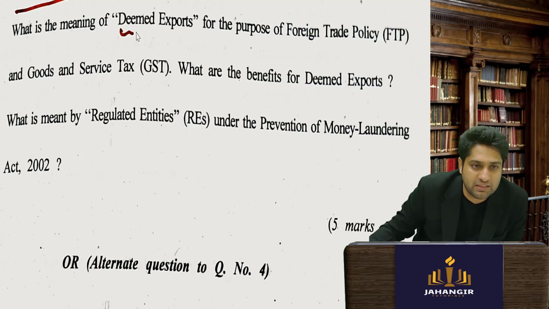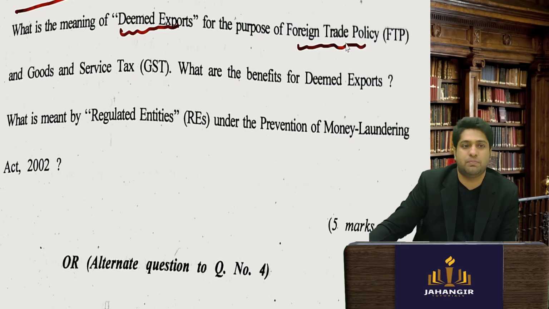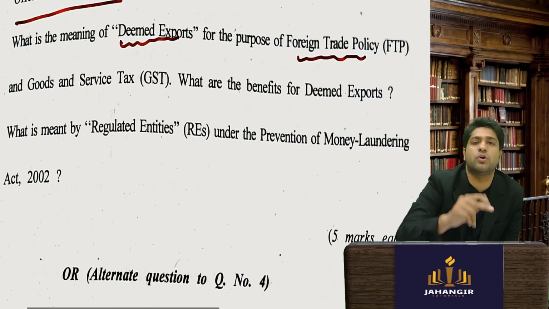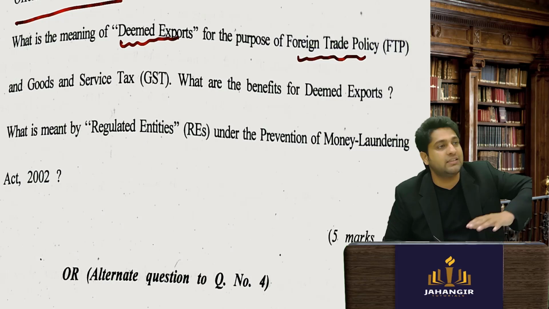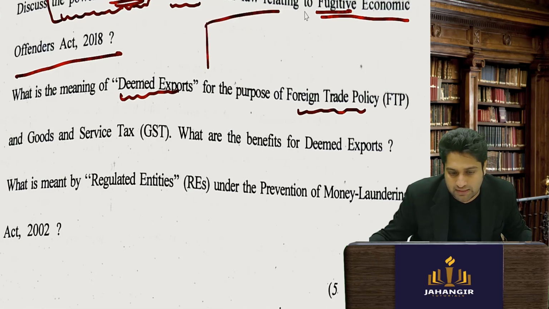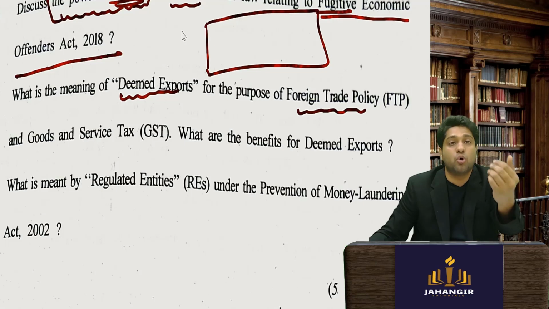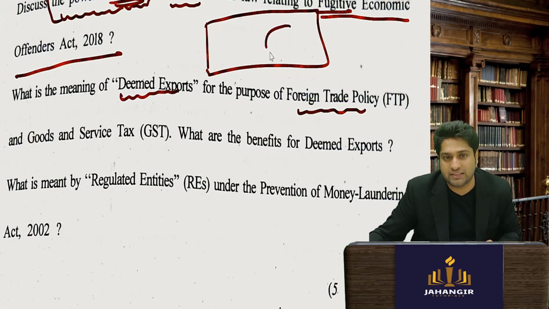Okay, what is the meaning of deemed export? Now this is important under the FTP policy. Now deemed export normally means you are sending the goods from India to outside India. However, deemed export is said to be an export when the goods are sold within India only. So for example, this is a SEZ zone.